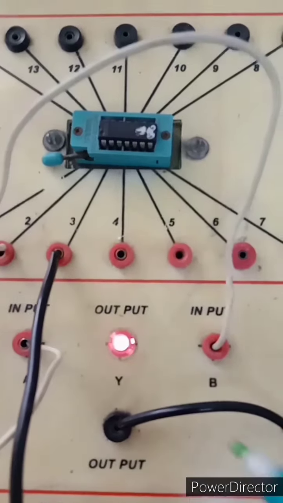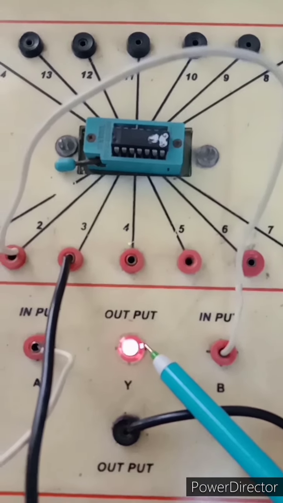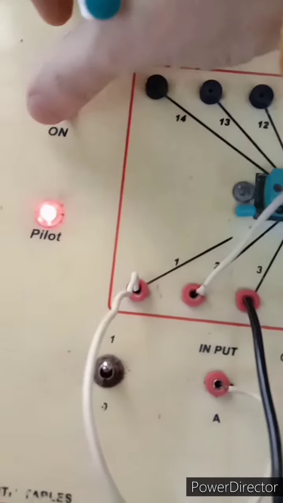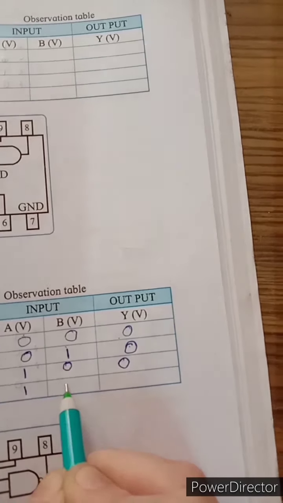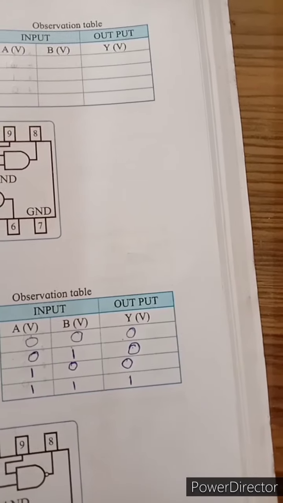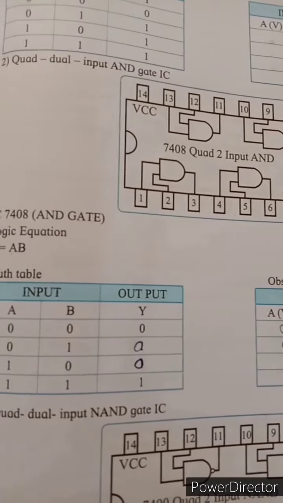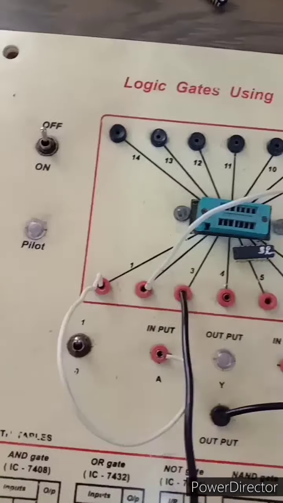Now you can see the output is glowing. That means output is high. Switch off and write the condition: for all the inputs high, output is also high. And it verifies with the given observation table, the given truth table.